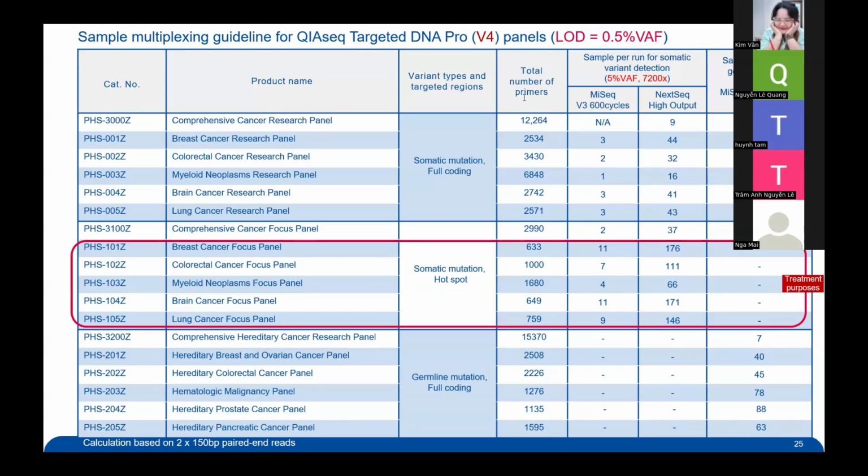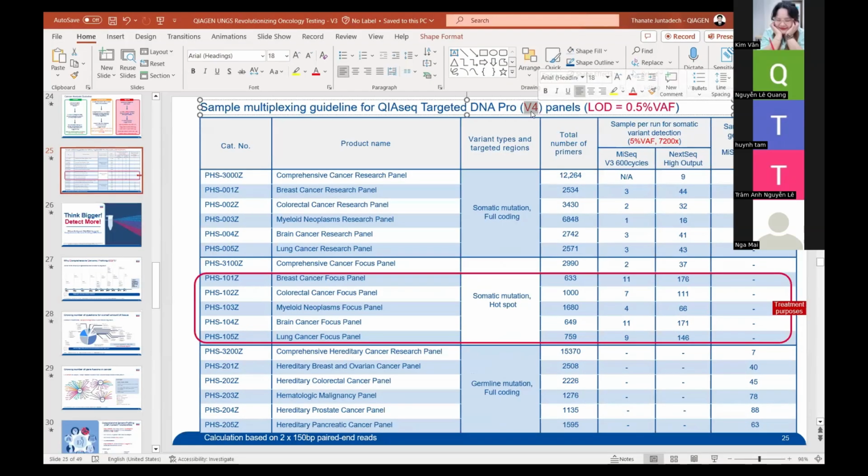For your information, for targeted DNA, we have the V4 chemistry and we have the V3 chemistry. Both chemistries use the amplification method. So we have the specific primer to amplify the gene of interest.